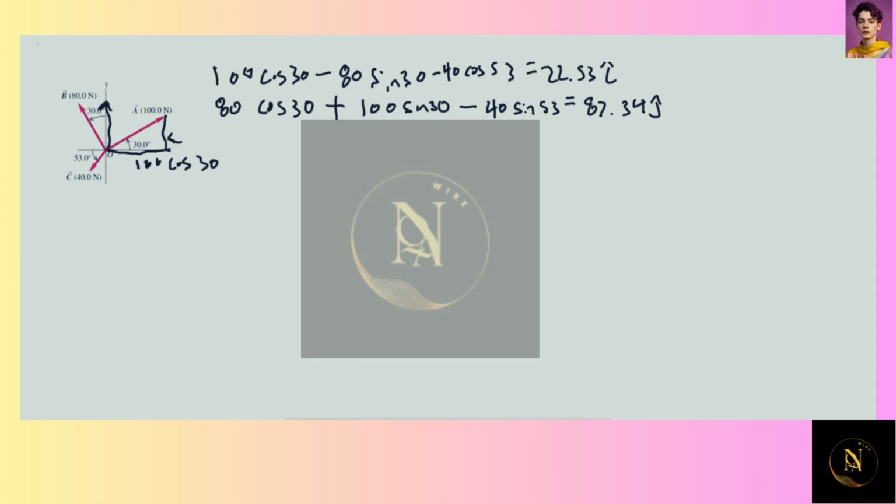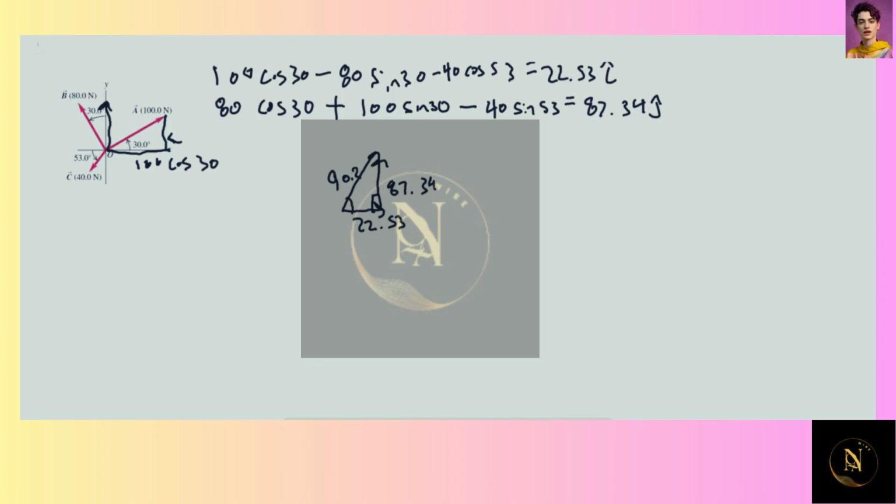Okay, so we can draw our final vector, which will look something like this: 22.53 to the right, 87.34 up, and we add vectors tip to tail like this. So we can go ahead and write 22.53 and 87.34. And we add these vectors together like so. We can use Pythagorean theorem to find the length of the hypotenuse here, which is 90.2.